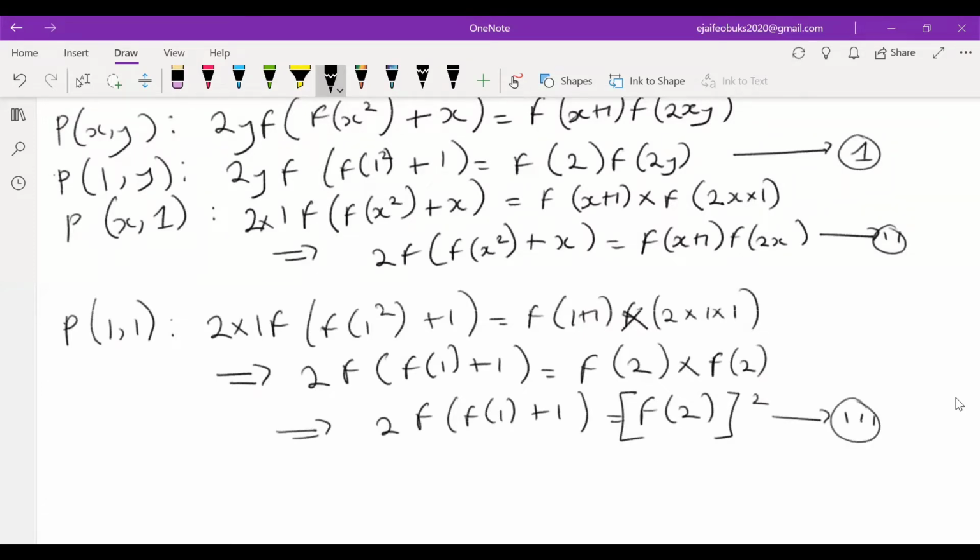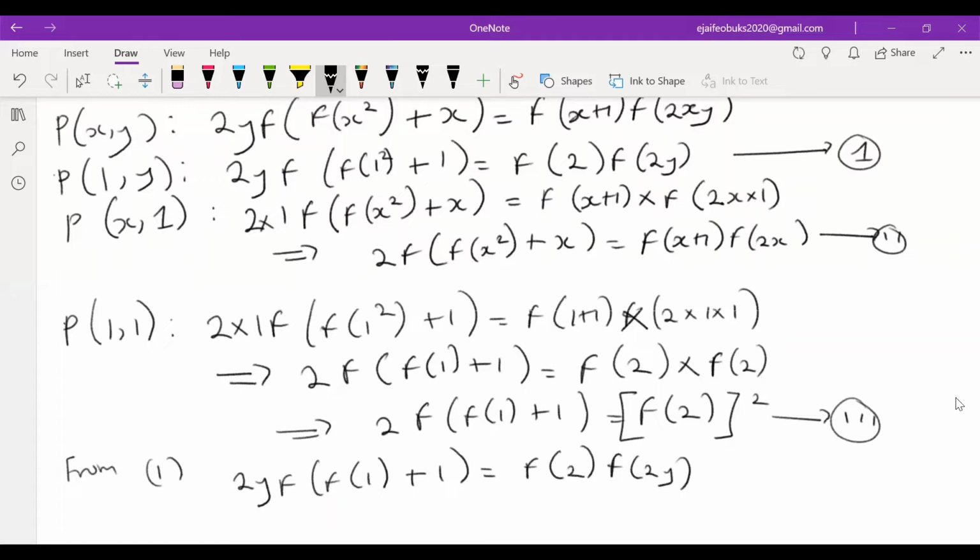Now I can come back to 1. From 1 we have that 2y times f of 1 plus 1 is equal to f of 2y, and I know from 3 that 2 f of 1 plus 1 is f of 2 squared.